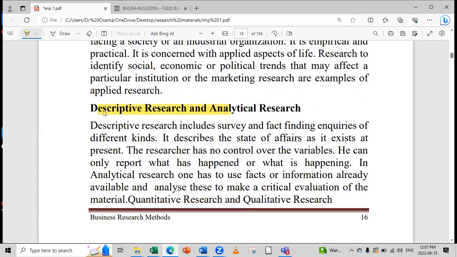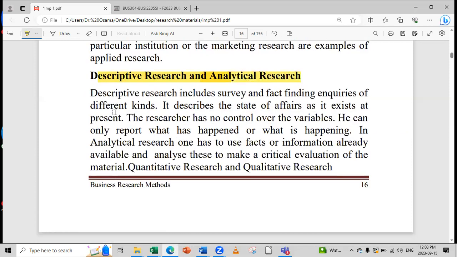We have descriptive research and analytical research as well. Descriptive research includes surveys and fact-finding inquiries of different kinds. With surveys, you want to know what new things to add to this cell phone, and what the suggestions of the clients are.